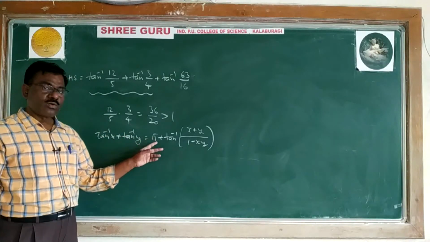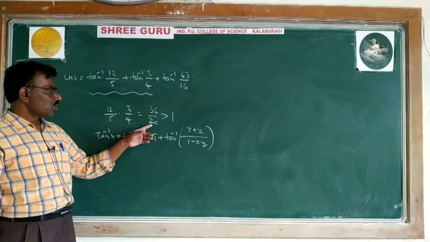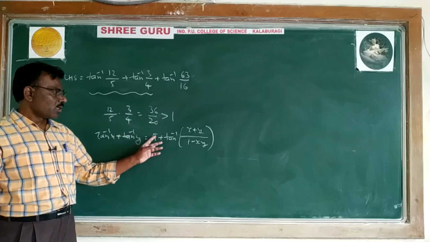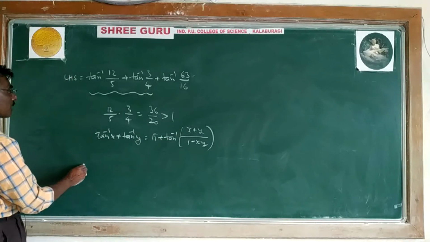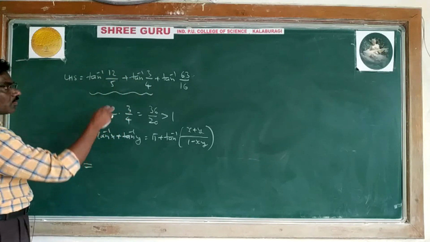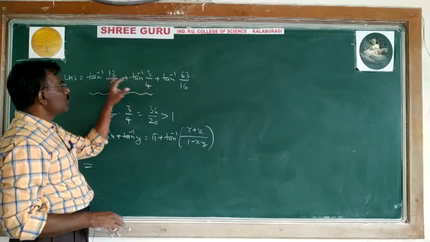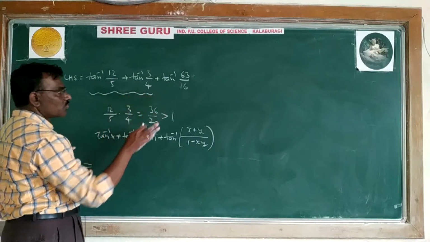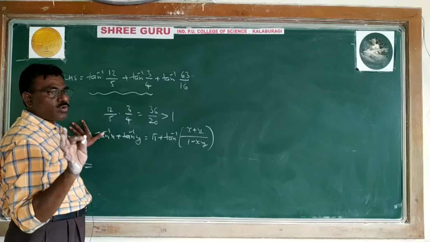If xy is less than 1, there is no pi. But here 36 by 20 is greater than 1, so we use pi plus tan inverse of (x plus y) by (1 minus xy). This is x, this is y. Keep the third one aside. In this problem you should take any two whose product is more than 1, either the first two or the last two.